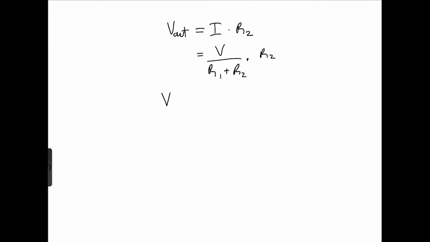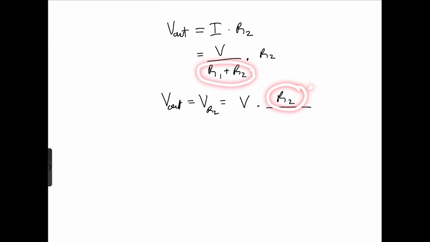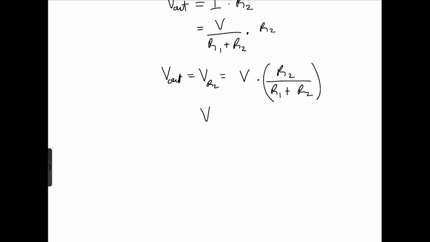So here we see that the output voltage, or the voltage across R2, is equal to V times the targeted resistance, the resistance that we want to know the voltage drop across, divided by the sum of the resistance seen by the voltage source. So that becomes R1 plus R2, and we can write that as the resistance of interest.